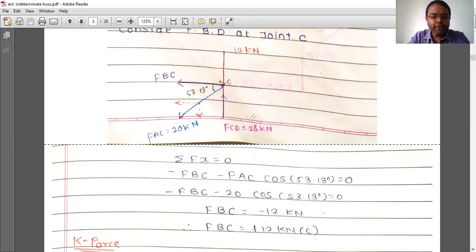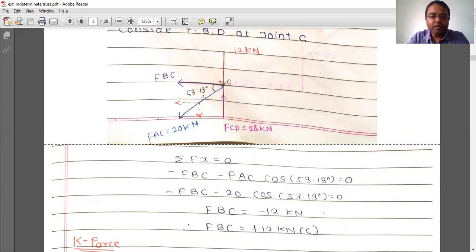Here previously we have got FCD 28 kilonewton as compression. That's why this arrow is acting towards joint. Arrow acting towards joint is called compression. Arrow away from this joint is called tension.